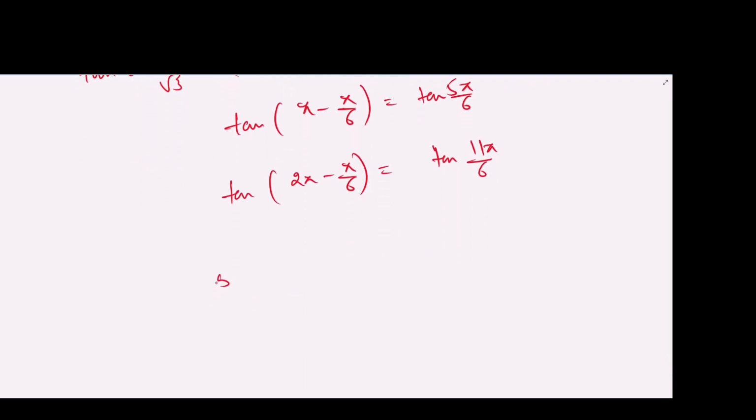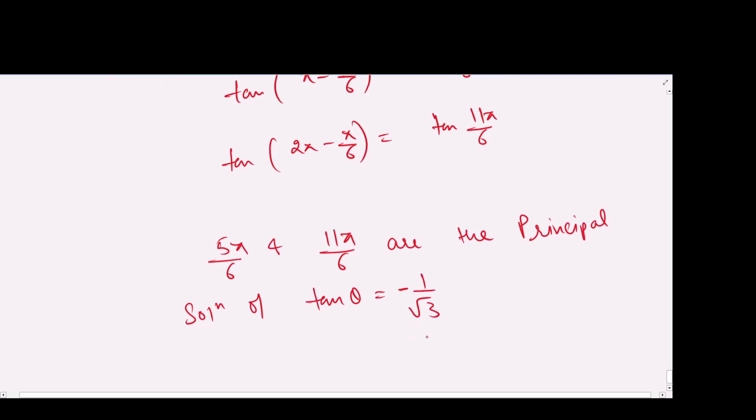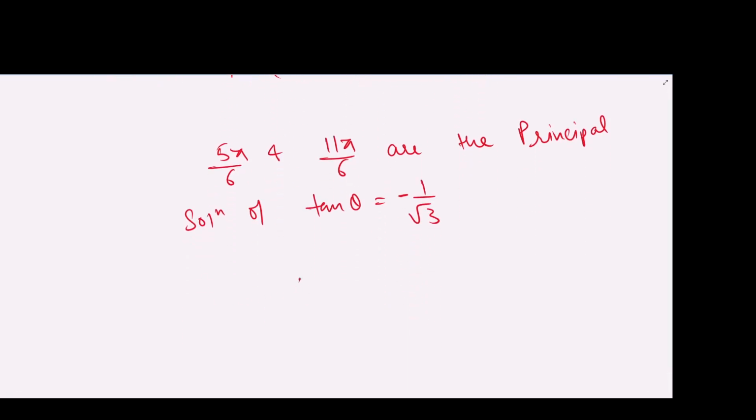So 5 pi by 6 and 11 pi by 6 are the principal solutions of tan theta equal to minus 1 by root 3, where 5 pi by 6 and 11 pi by 6 lie between 0 and 2 pi.